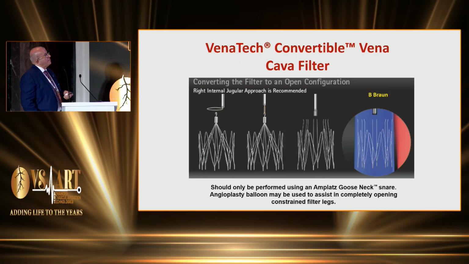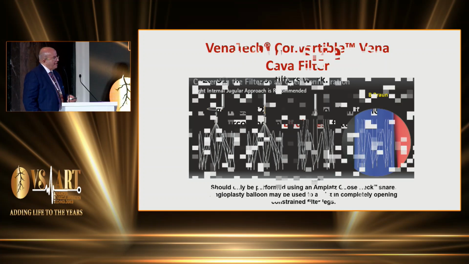This is a Venetech convertible vena cava filter. A snare or angioplasty balloon may be used to assist its complete opening, considering the fixation of the leg of the filter.